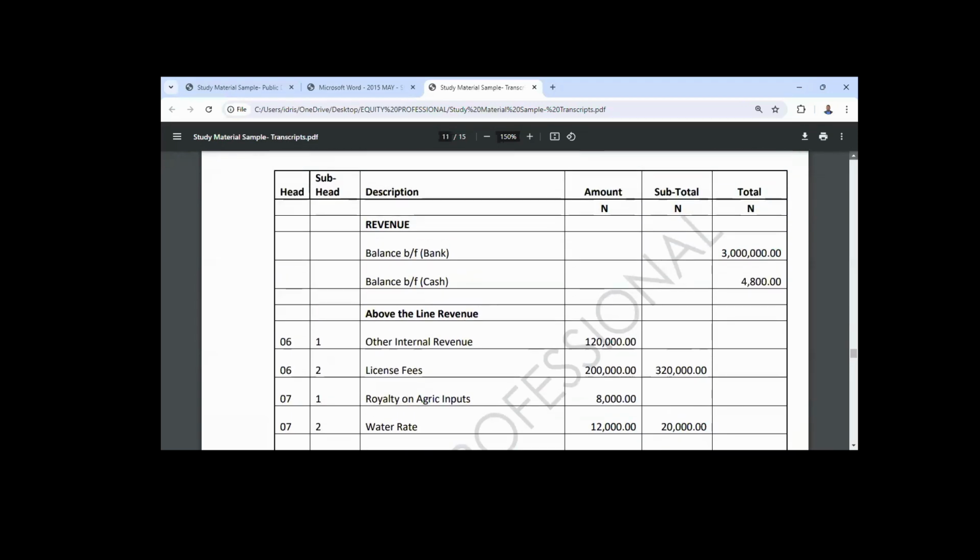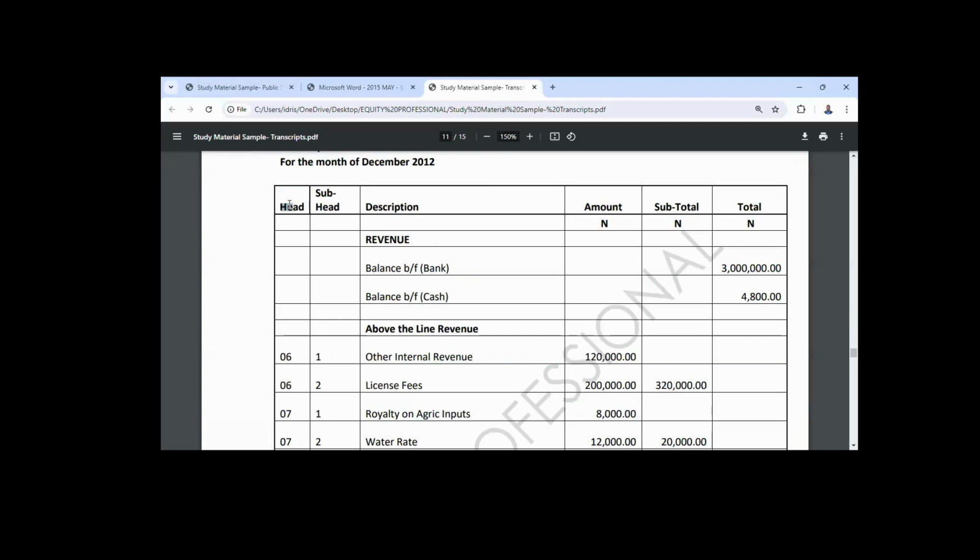The heading, you can see this is head, this is subhead. So for other internal revenue, the head is head 06, subhead 1. For license fee, the head is head 06, subhead 2.